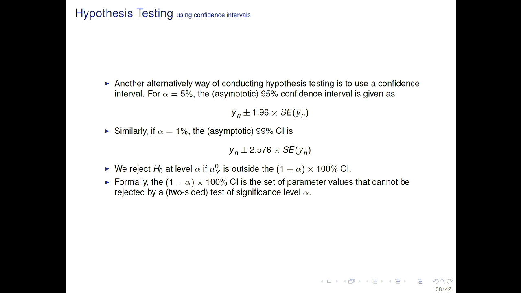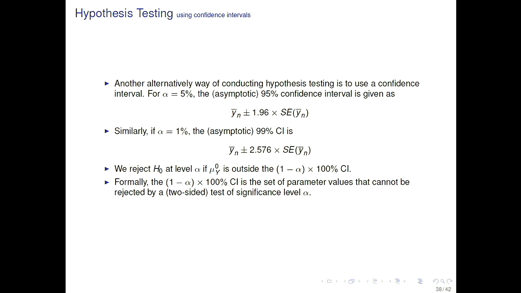Some people interpret confidence interval in a different way. When you have a 95% confidence interval, some people often say that the true parameter value is included in this confidence interval with a probability of 95%. I guess you guys may be familiar with this interpretation. Let me repeat it again.